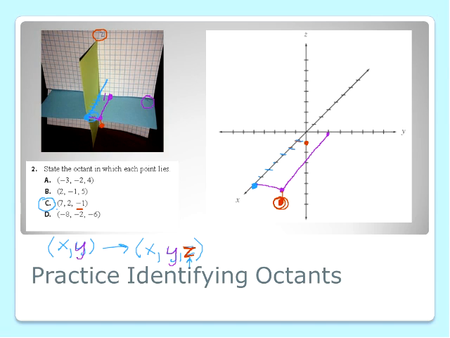Okay, what I'm going to do now is I want you guys to do A on your paper, and then we'll do it together. I'll pause the recording, and I want you to try to find A. Oh, and then, I'm sorry, now that we've done that, we have to figure out which octant this would be in.